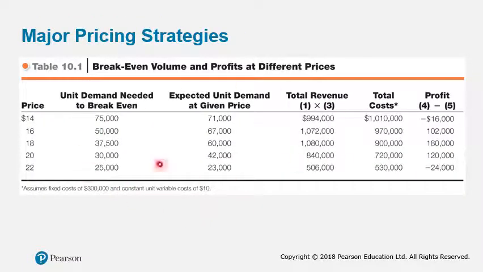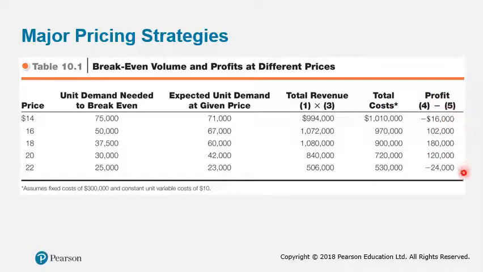This is an example of the break-even volume and profit at different prices, where these are the prices that you can charge with the unit demand needed to break even. When they did the calculation, or they can do it in the system, they input the quantity, how much cost will be incurred, and the profit that they will be getting.